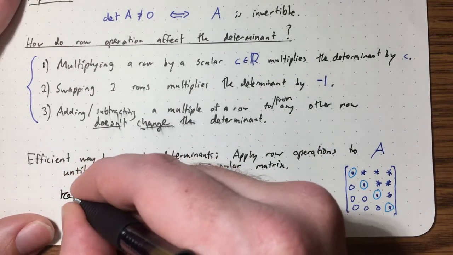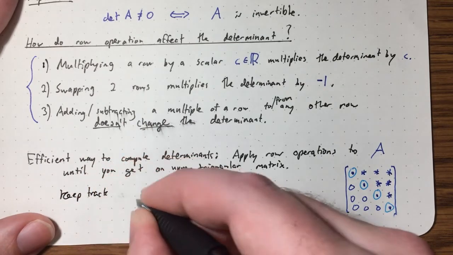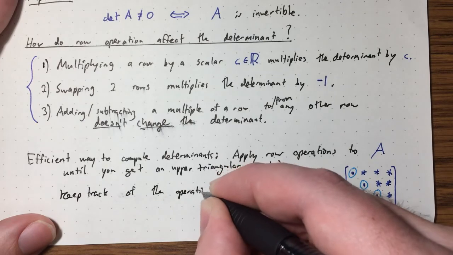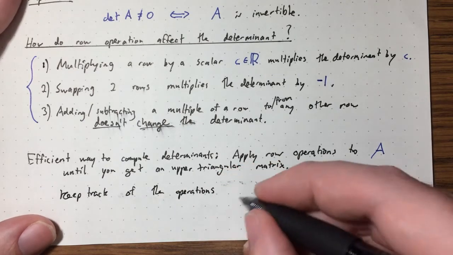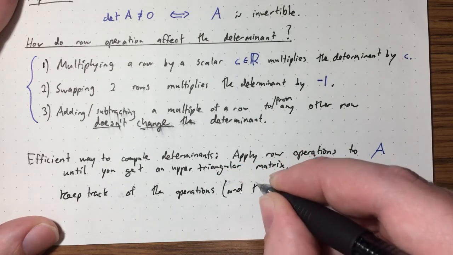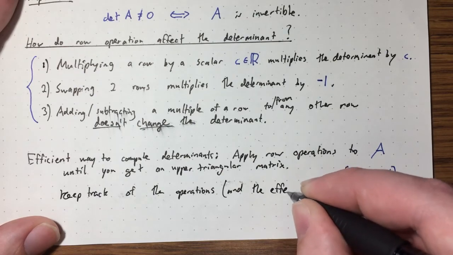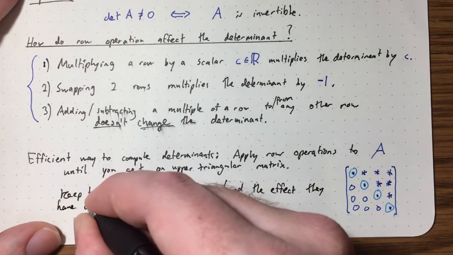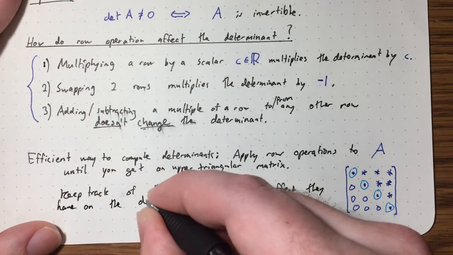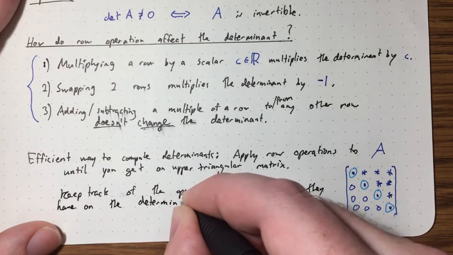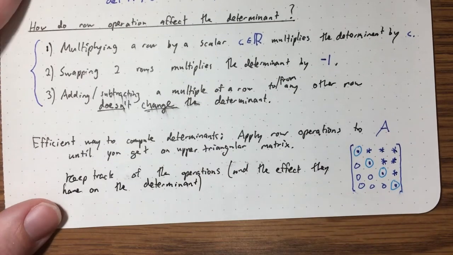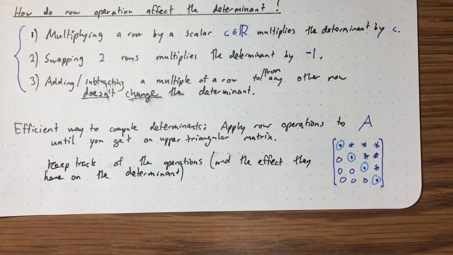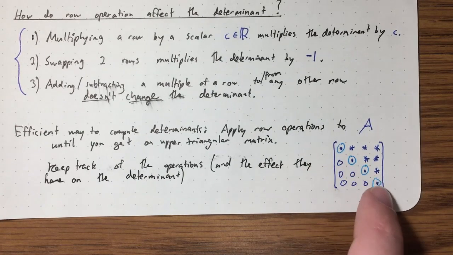And as long as you keep track of the operations and the effect they have on the determinant, well then, when you get the upper triangular matrix, it's obvious what the determinant is. Right? It's just the product of the diagonals.